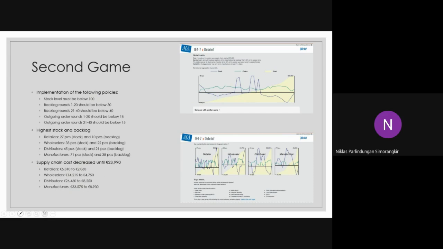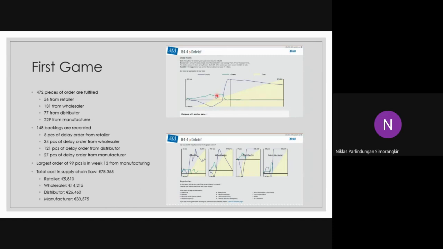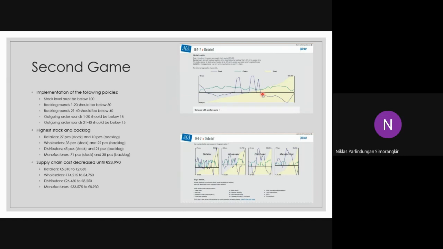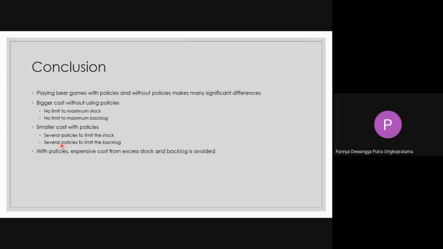This is aided by the overall results graph, where as compared to the previous one, which is quite sharp in its increases and decreases, it's more balanced here, even though there is an accentuation that increases here and there. It's also greatly felt in the individual roles here, especially with the retailer, where it's more balanced, and the wholesaler, distributor, and manufacturer as well. So that is playing beer games with policies.